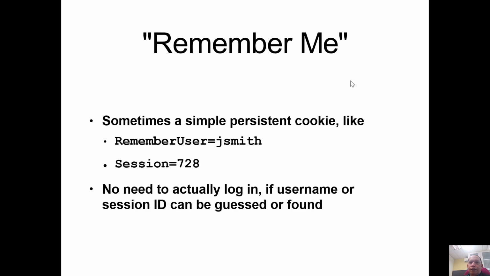Remember me. Sometimes a simple persistent cookie like remember user equals Jasmine, session 7 to 8, means no need to actually log in if the username or session ID can be guessed or found. You remember the process of login. The credential is approved, the username and password are approved, so the server will send cookies and session.